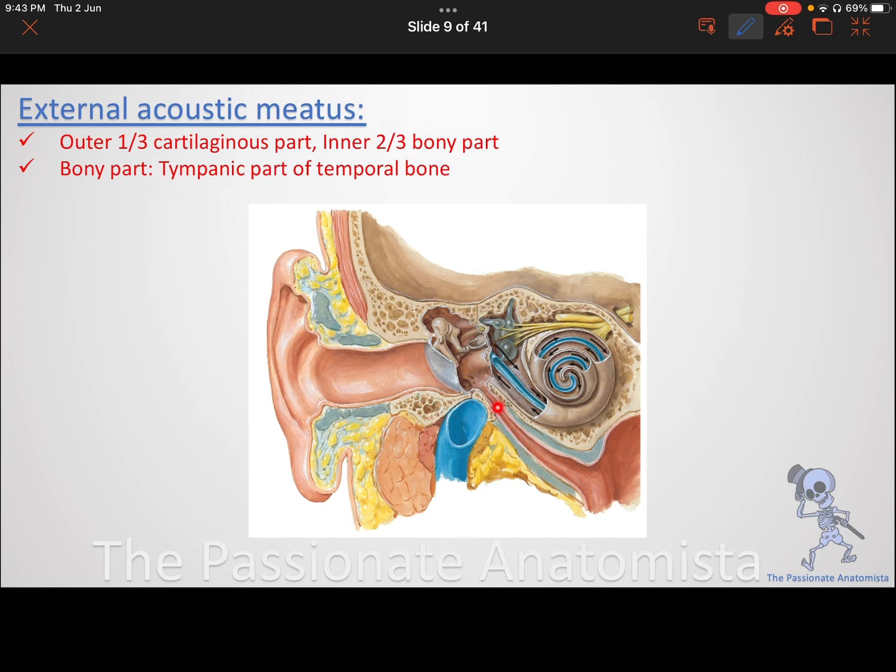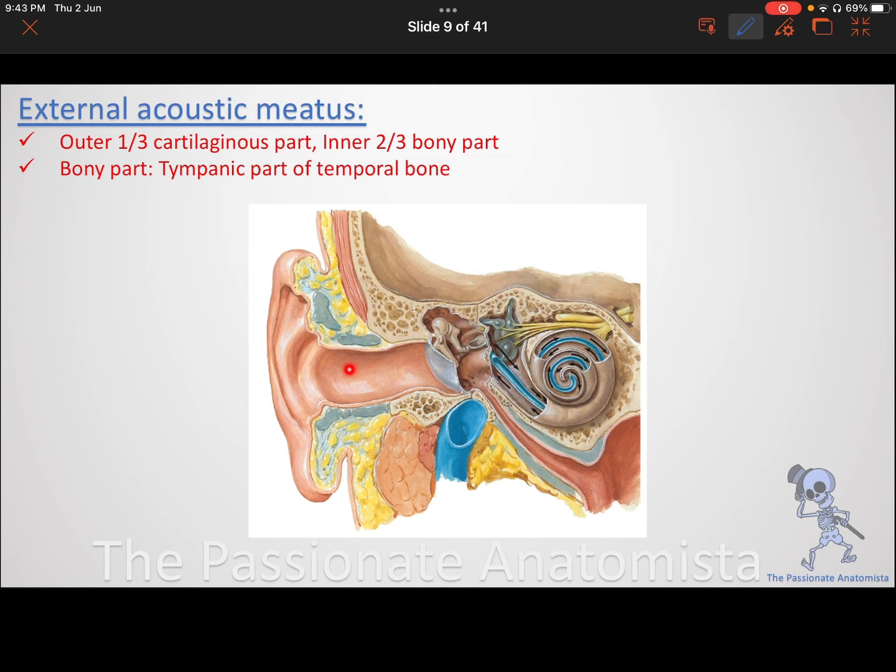All right, now I just want to give you another interesting piece of information. If you think about the pharyngeotympanic tube, on the sides of the middle ear cavity, you have an external canal and internal canal, because we need to equalize the pressure, and we're going to talk about that as we proceed.